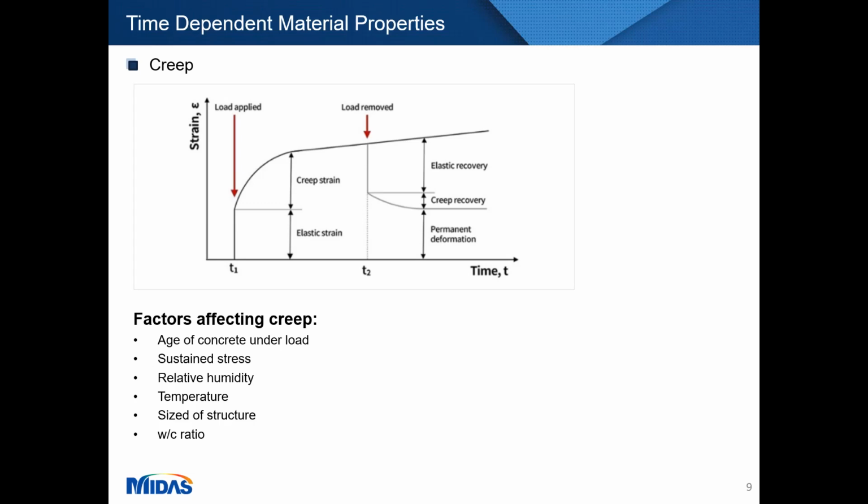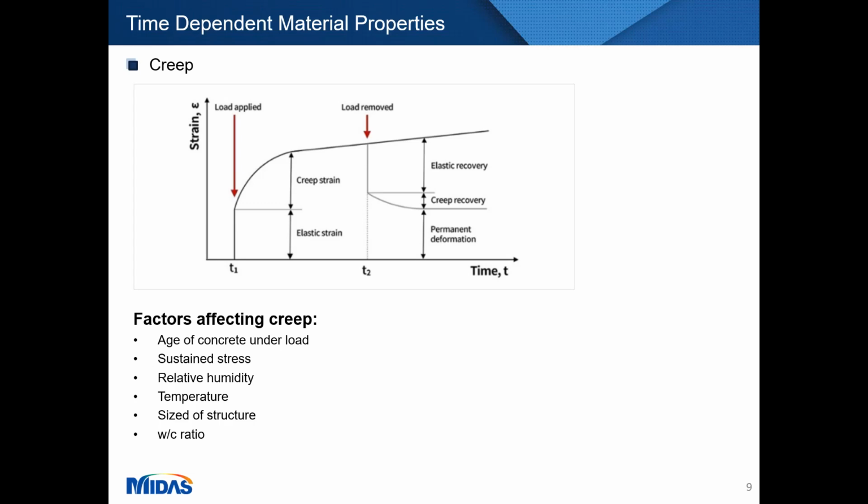And creep in concrete, as you know, is defined as deformation of a structure under sustained loading. So when a constant load is applied to concrete, initial instantaneous deformation occurs. You can see in the image the initial instantaneous deformation, which is the elastic strain.